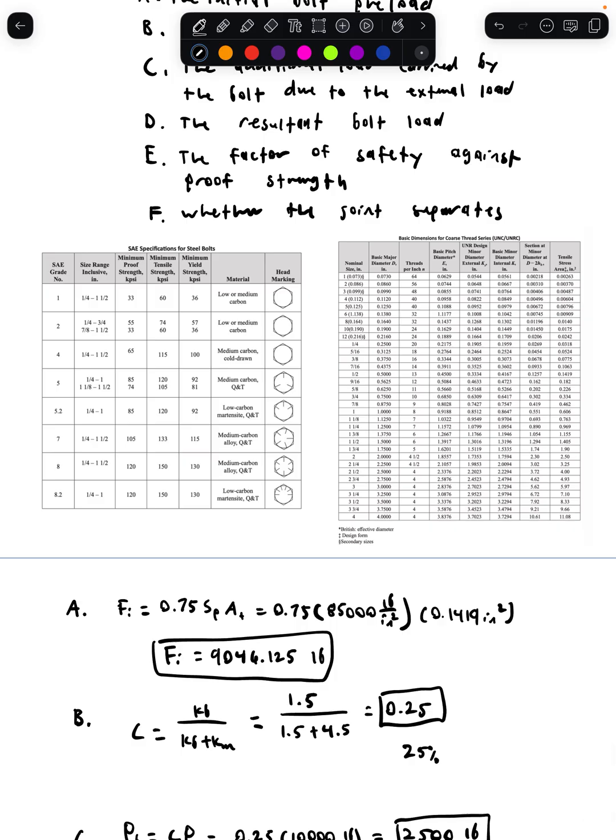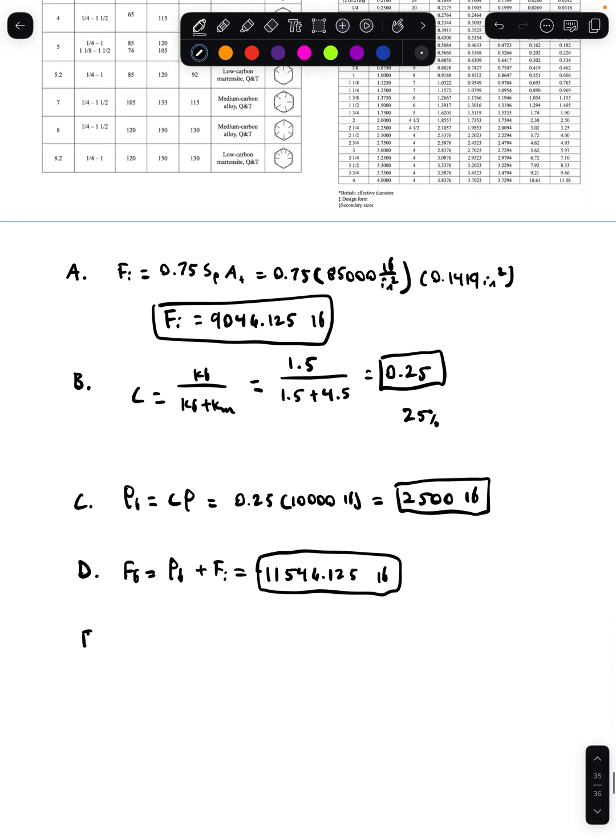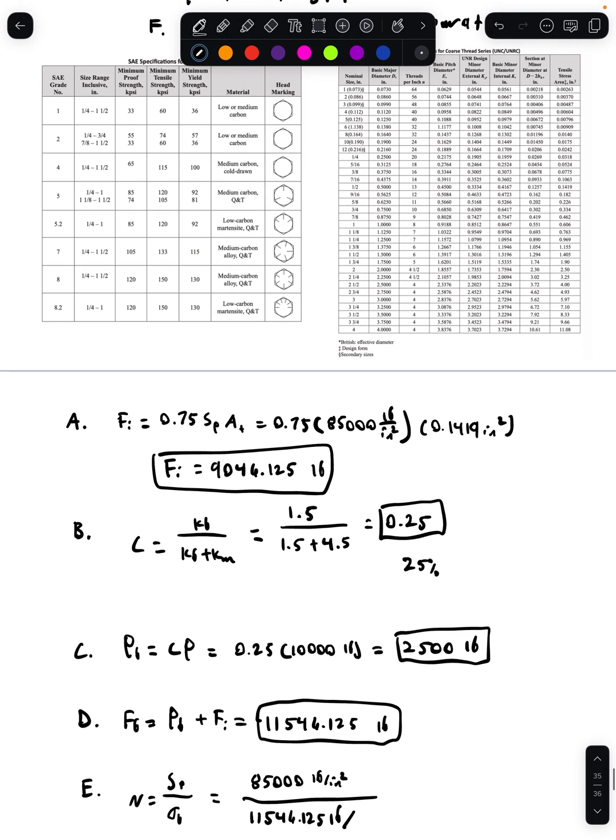Alright, and then E, the factor of safety against proof strength. So our factor of safety is going to be our proof strength divided by the actual bolt stress. So our proof strength was 85,000 pounds, which we got from this table, or sorry, PSI. And then for our bolt stress, we're going to use the total load that the bolt carries, which is 11,546.125 pounds, and divide that by the tensile area, which again, make sure you're getting that from this table.